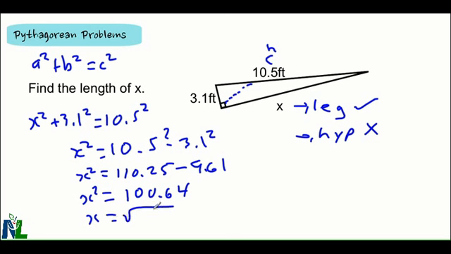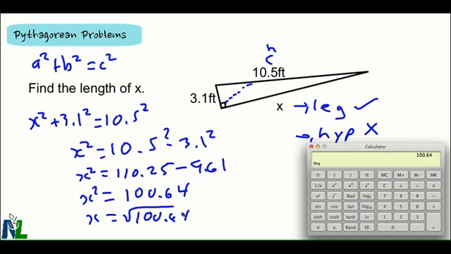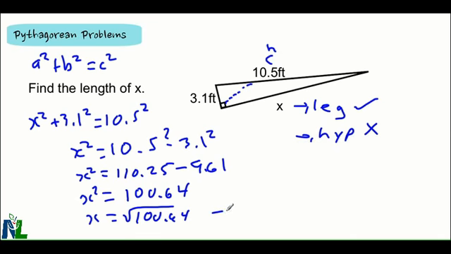So x will equal the square root of 100.64. And if I just quickly find that here, I see it comes out to be about 10.03. So I'll go to one decimal place. So I'll say that here x equals 10.0 feet.